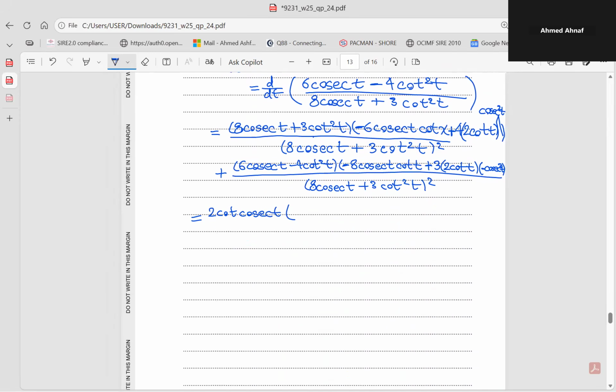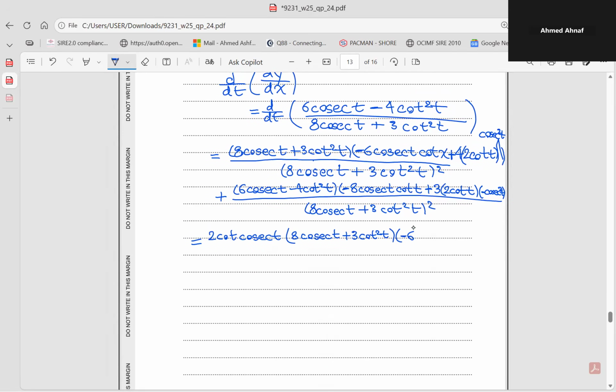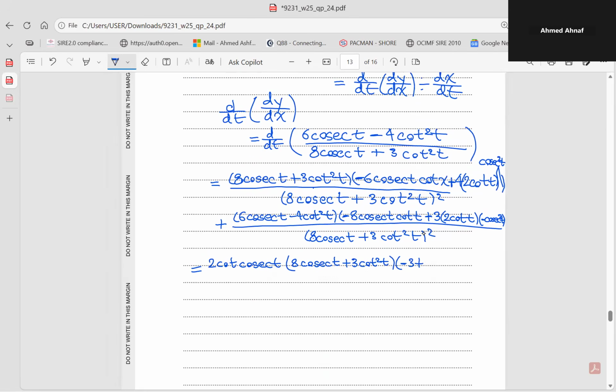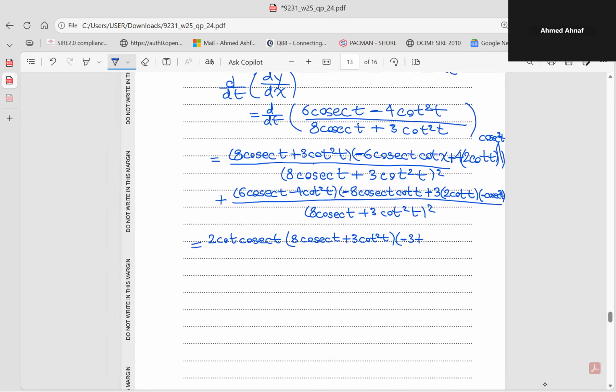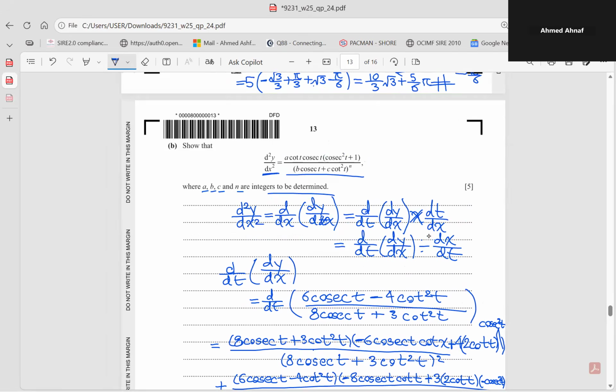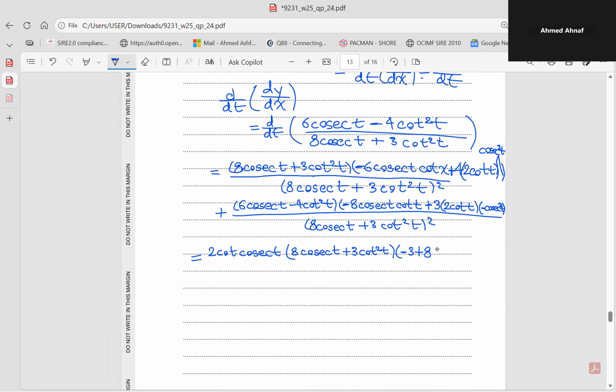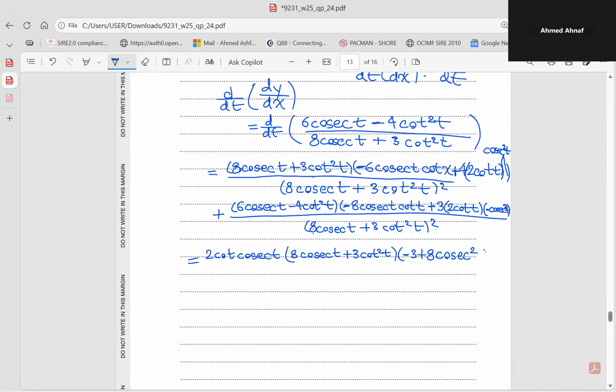Doing that, you have cosecant t plus 3 cotangent squared t, minus 3, plus 8 cosecant squared t.